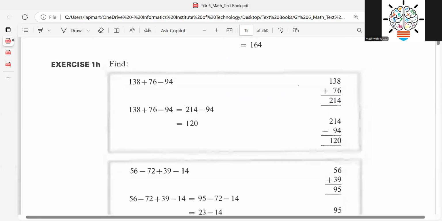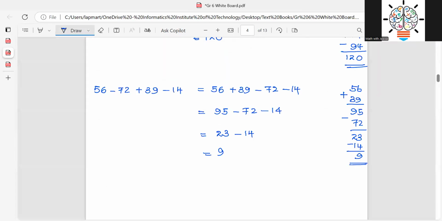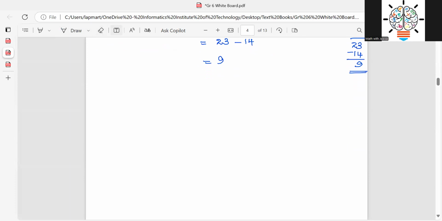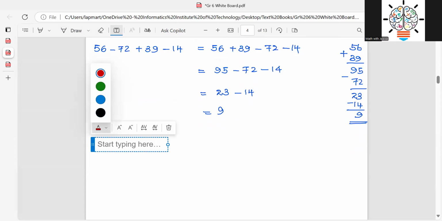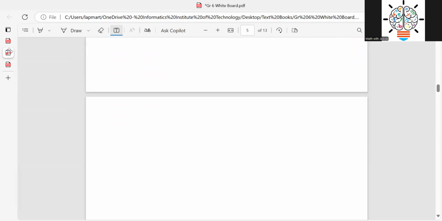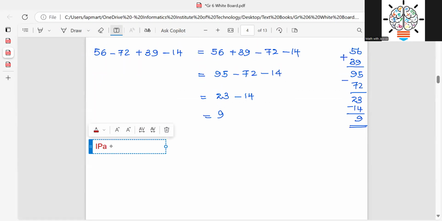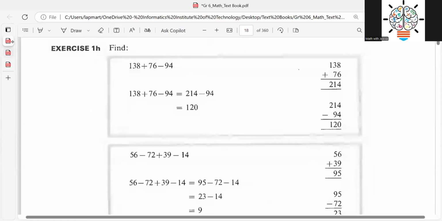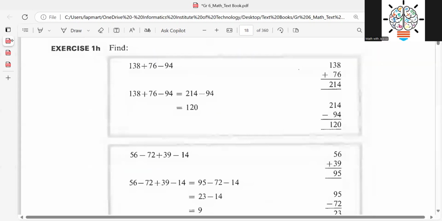Exercise 1H. We'll write down the page number also, page 7. Exercise 1H.